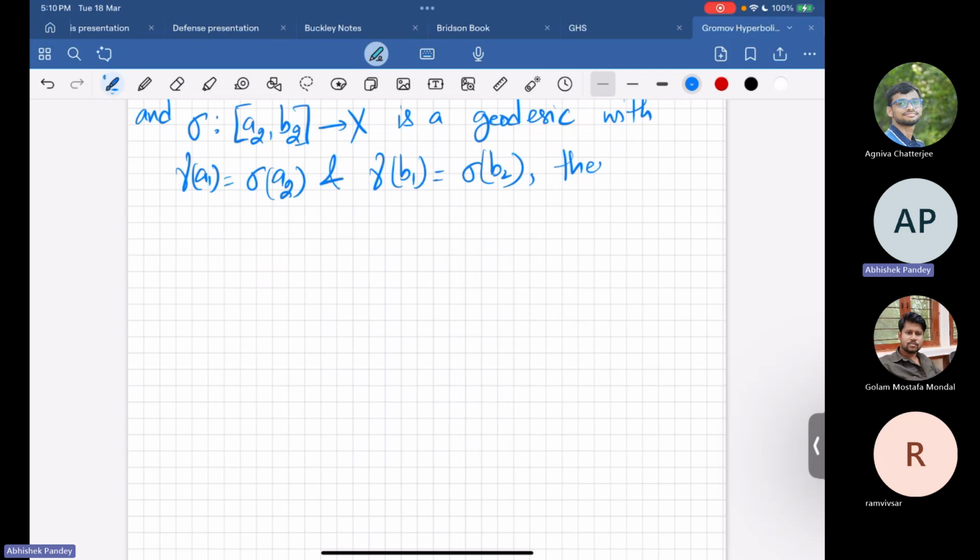Then the Hausdorff distance between the images gamma of [A1, B1] and sigma of [A2, B2] is always less than or equal to M.